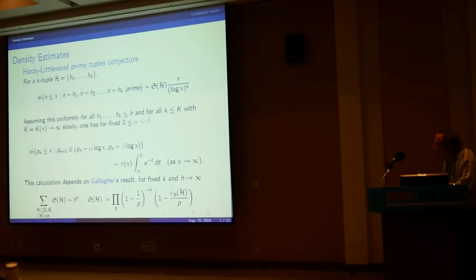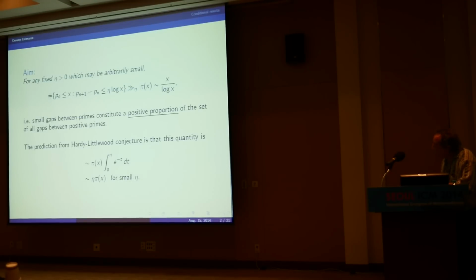We don't hope to prove this much, but what you can hope to prove is that if a small eta is given, fixed eta, you can try to show that these gaps occur in positive proportion. What the Hardy-Littlewood conjecture would predict is that this would go like eta times pi of x for small eta.